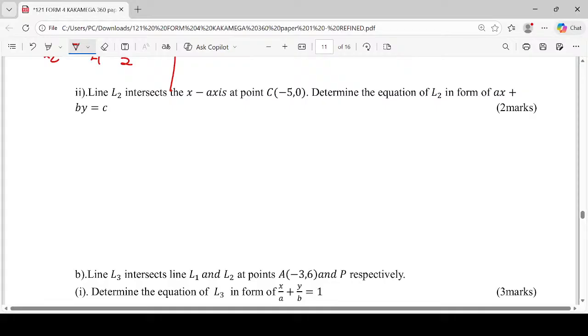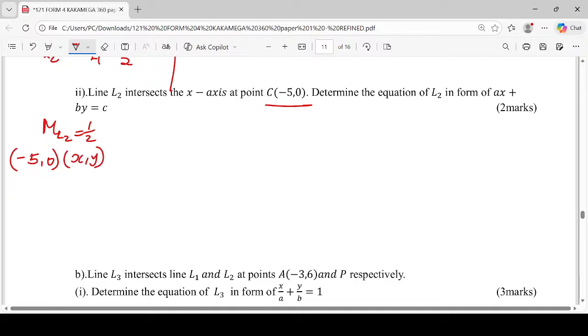Roman 2 of the same question. Line L2 intersects the x-axis at point C, negative 5, 0. Determine the equation of L2. Because we know that the gradient of L2 is a half, and it is passing through the point negative 5, 0, I'll form another point which I'll call xy.